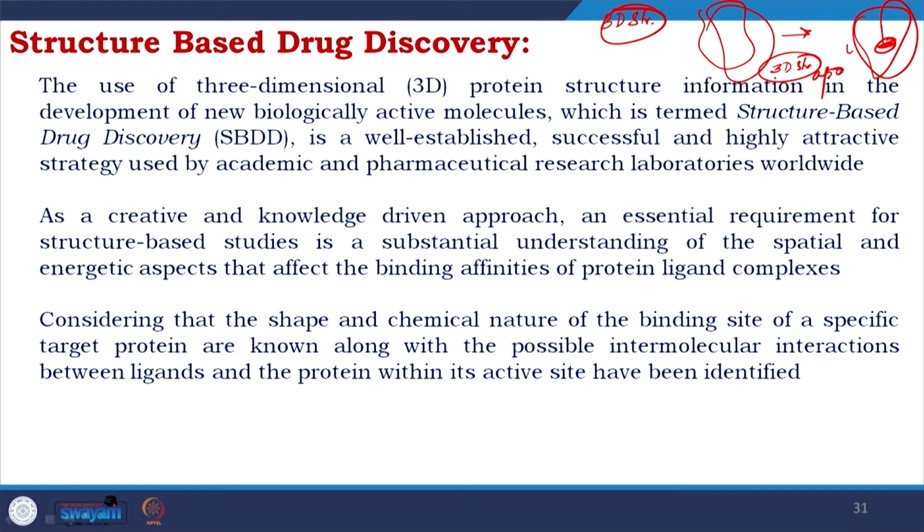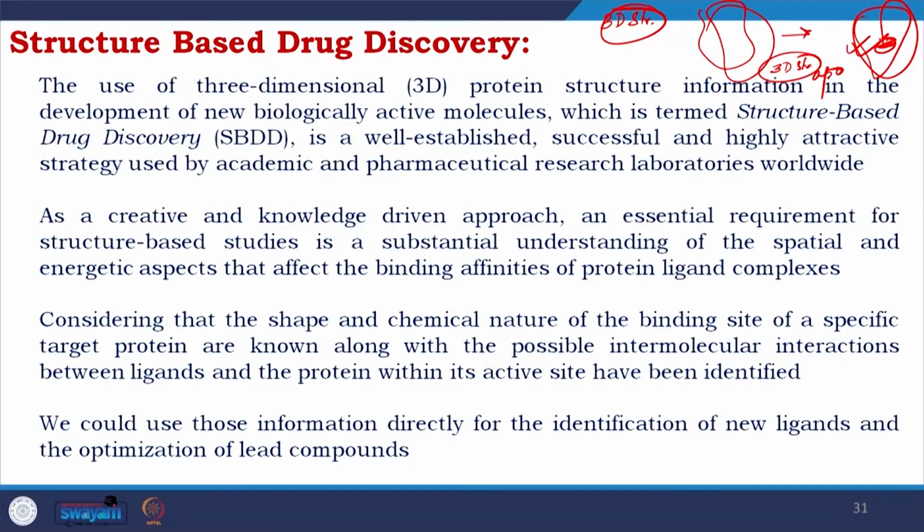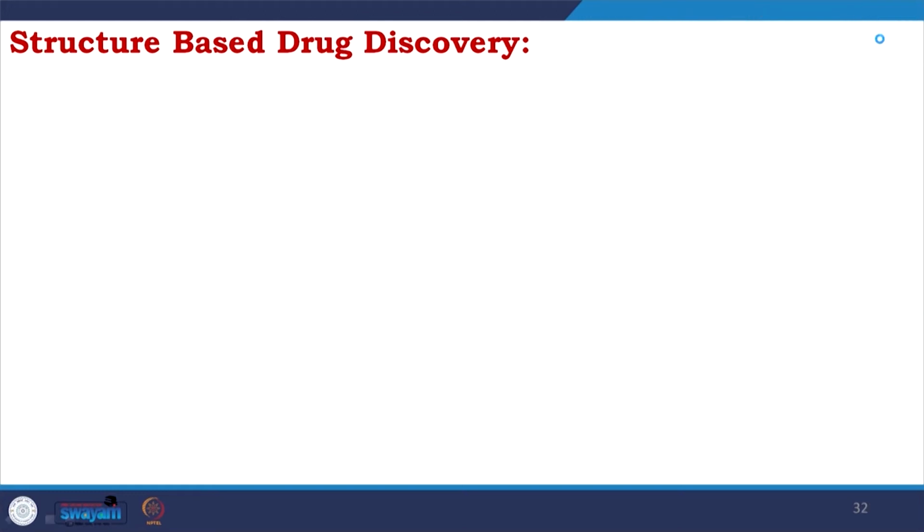So, this will give you the set of interactions between the target molecule and the potential substrate or inhibitor, which would make your life more facile to work further from this existing foundation. We could use that information directly for the identification of new ligands and the optimization of lead compounds.